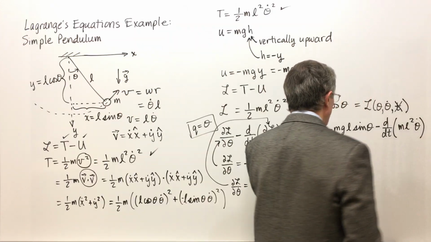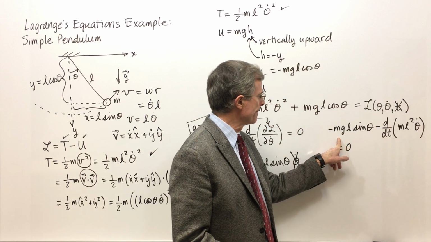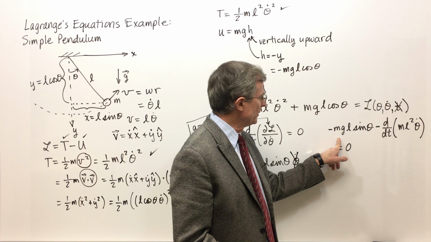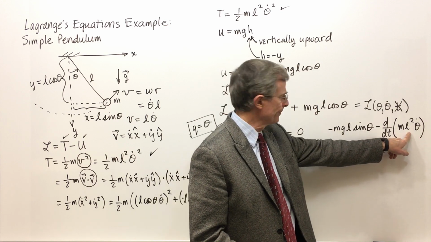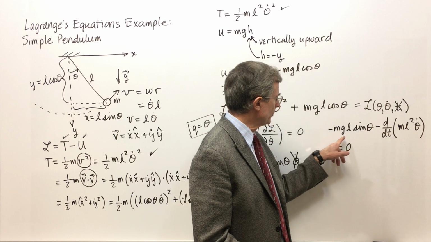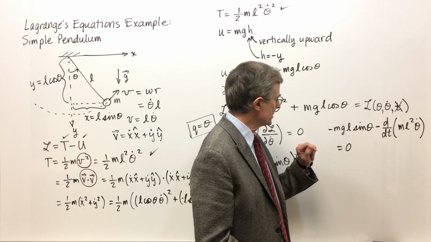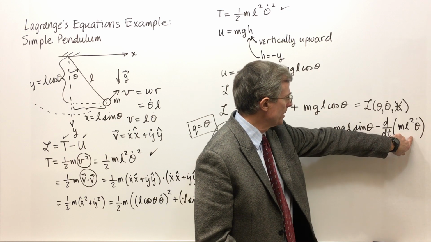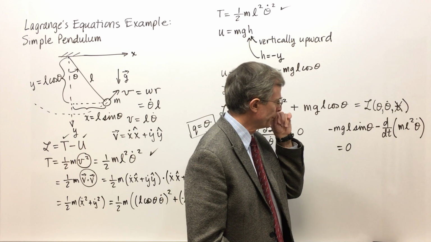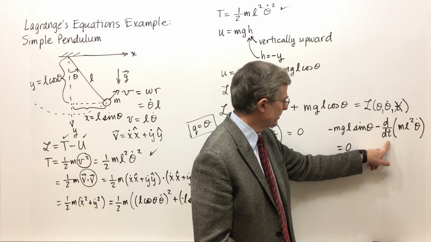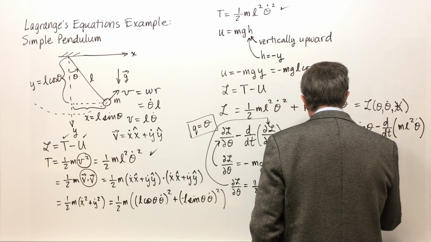I'm going to divide through by m, and I'm going to divide through by L squared. And I'm going to take the d/dt term over to the left-hand side, and take this derivative, d/dt of theta dot, which will give me theta double dot. So what do we end up with?